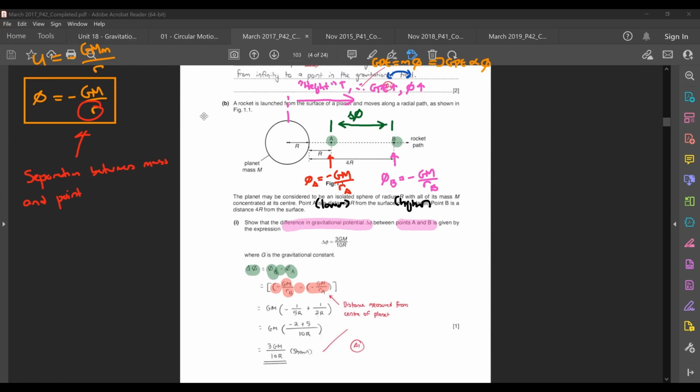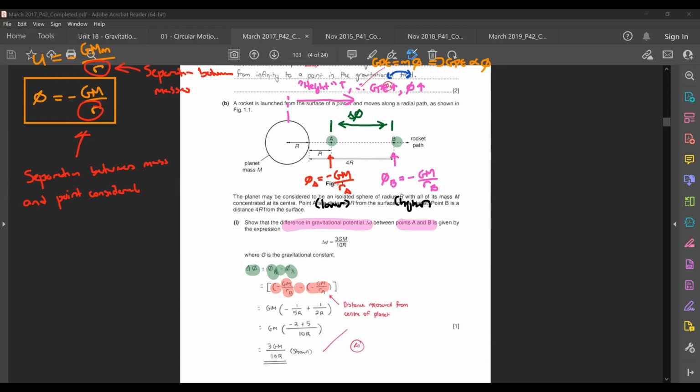This R here is the separation between the mass and the point being considered. And then the U above the equation, negative GM over R, this one is the separation between the masses. So they kind of mean the same thing, in a way. So the GM over R here is the separation between the mass and your point considered.